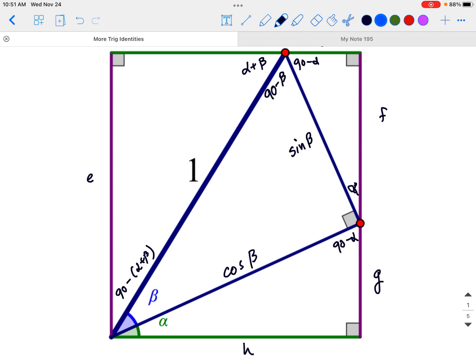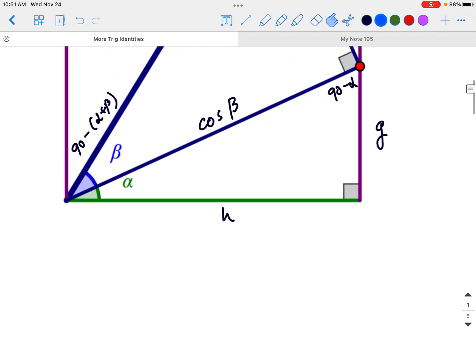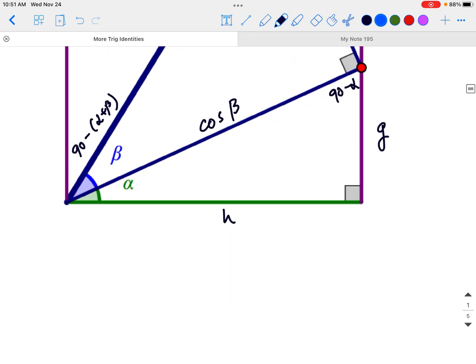And now we're going to want to, again, use these right triangle relationships to derive some sides. So let's go ahead and start down with this triangle on the bottom. We know that sine of alpha is going to equal g over cosine of beta. And we know that cosine of alpha is going to equal h over cosine of beta.